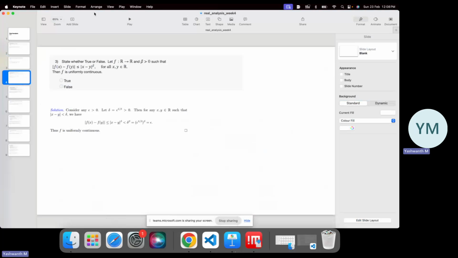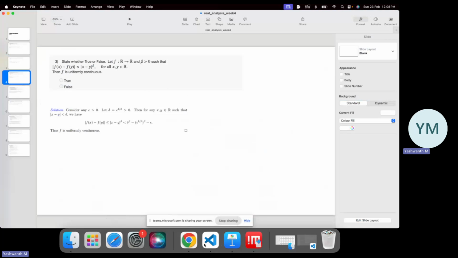State whether the following is true or false: if a function f maps real to real, and mod of f of x minus f of y is less than mod x minus y to the power beta, beta positive, is f uniformly continuous?